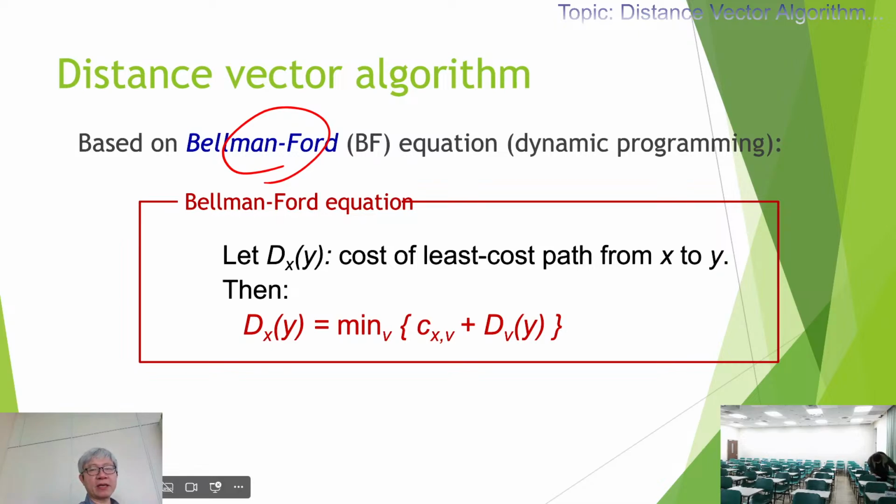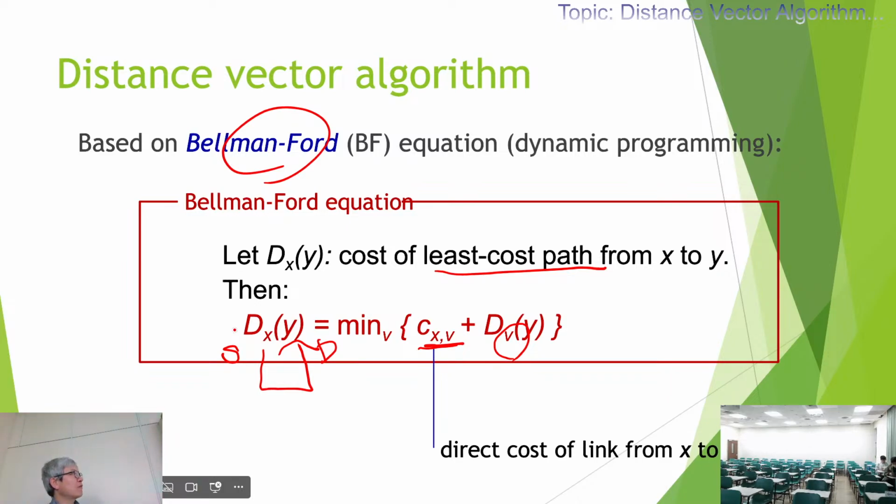We have the intermediate node V, and we want to test whether it is possible to have a better path, the least cost path. We can pass on V, and for any V, we can have the update from source node to destination node. So this is the Bellman-Ford equation.